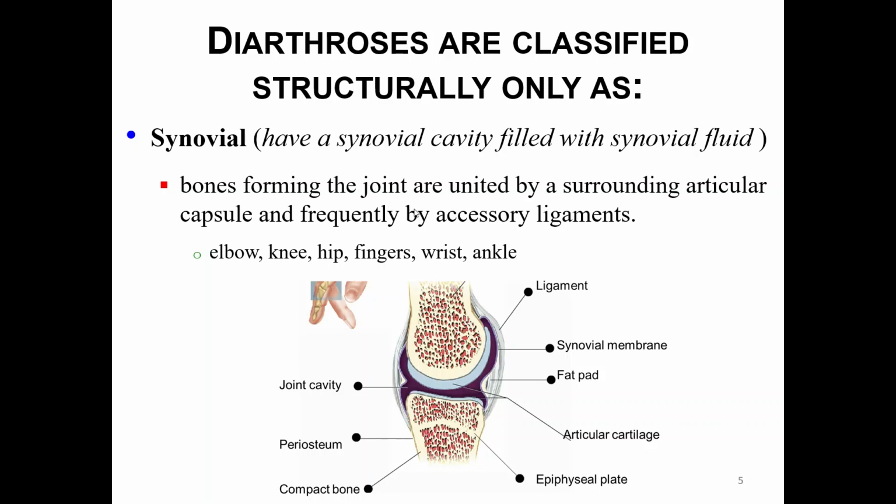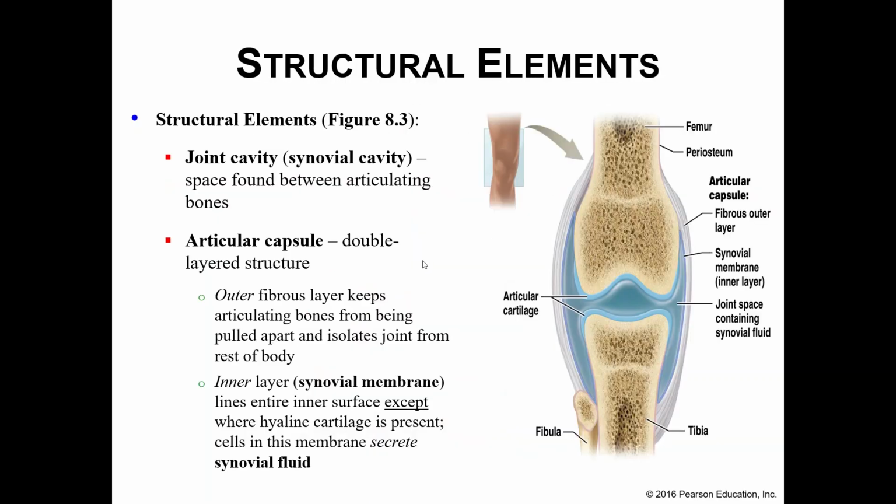In addition, we also have usually accessory ligaments, the ligaments on each side of the synovial joint also. So the most notable, your elbow, your knee joints, your wrist and your ankle joints, but also your hip joints, your finger joints, all of those are technically synovial joints.